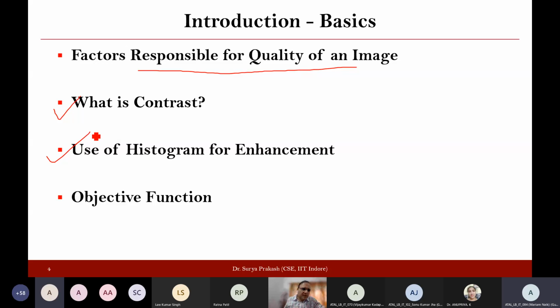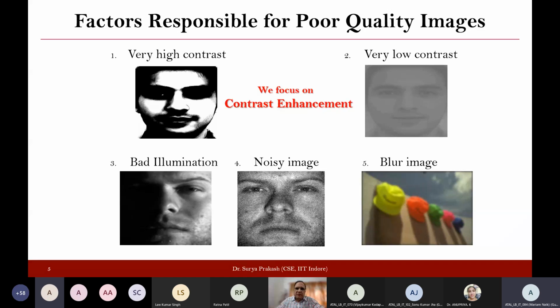We'll see that very briefly. Whenever we are using any optimization technique or any swarm intelligence based optimization technique, we always have an objective function, or fitness function, which is the main part of the algorithm. So we will see how we are defining the objective function here. These all cover the basics, and once we are done with this, then we'll go for the ABC and then the results that we have obtained from this algorithm.